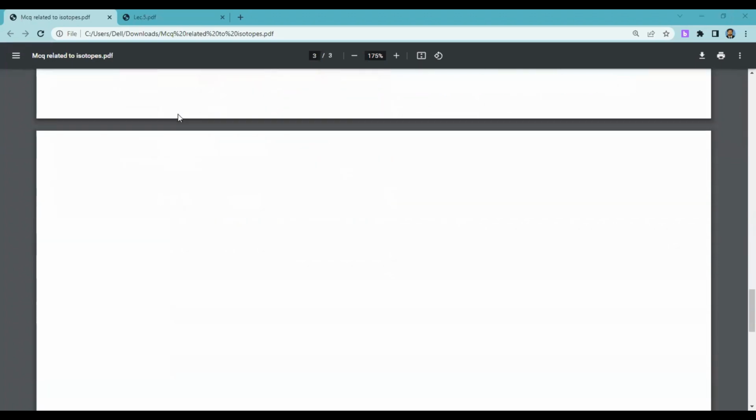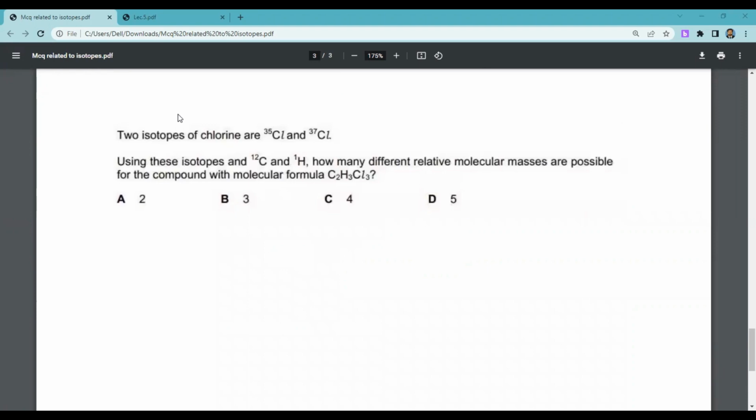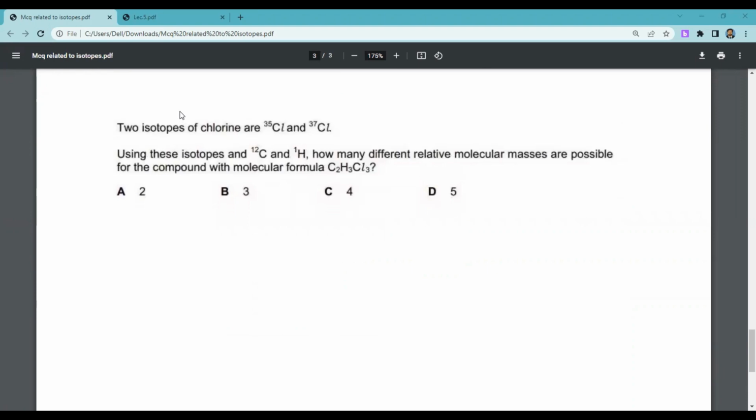Now move towards the last query of today's lecture. Two isotopes of chlorine are given, which are chlorine 35 and chlorine 37. A compound is given to us, C2H3Cl3.